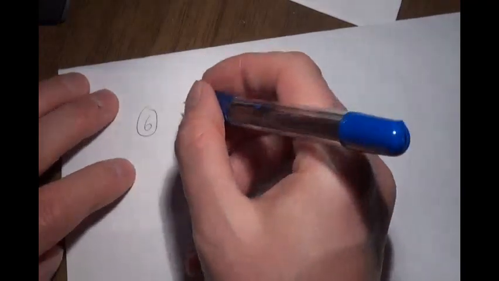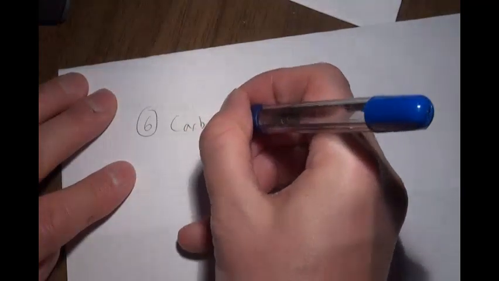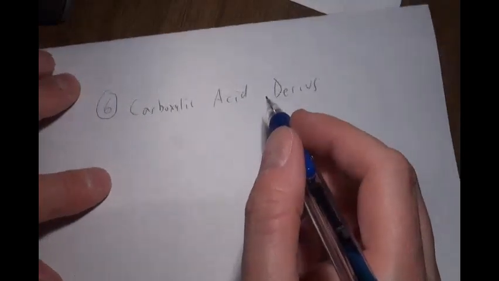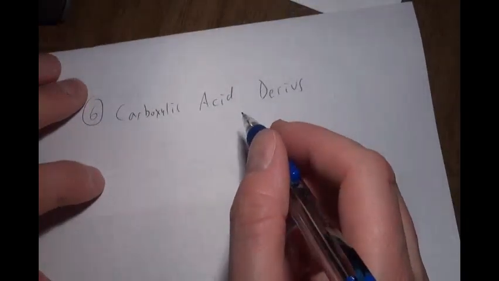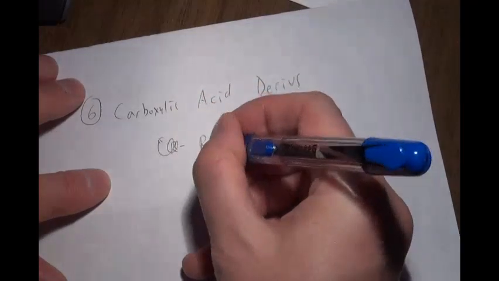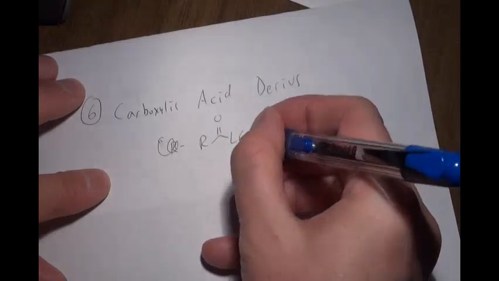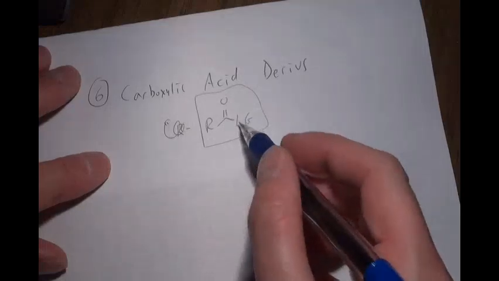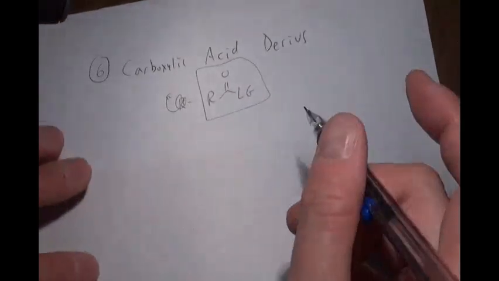Okay, in the last couple seconds, I think we're done with this lecture. I'm just going to mention what the next section is so we can think about it. It's going to be called Carboxylic Acid Derivatives. And so this will be a big section, and I'll just mention what they are and then we'll stop. So a carboxylic acid derivative is sort of anything that looks kind of like this. So it's like a C double bond O and a leaving group. I'm going to just list them and then stop.